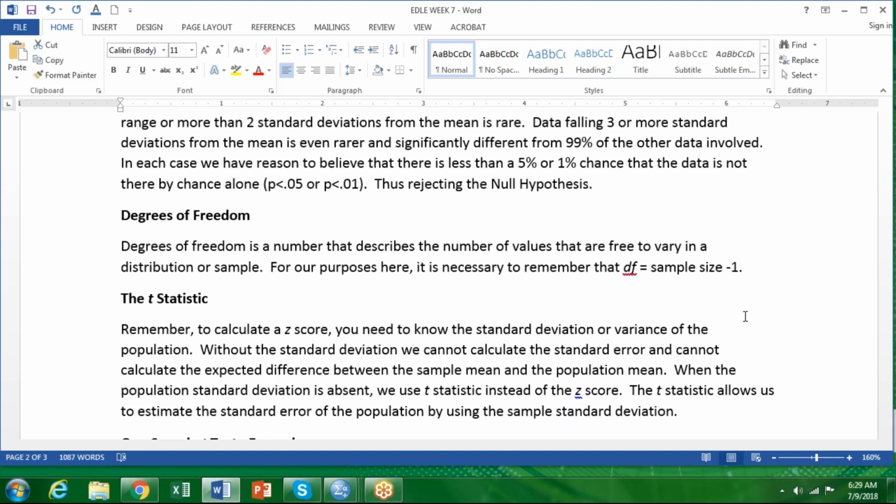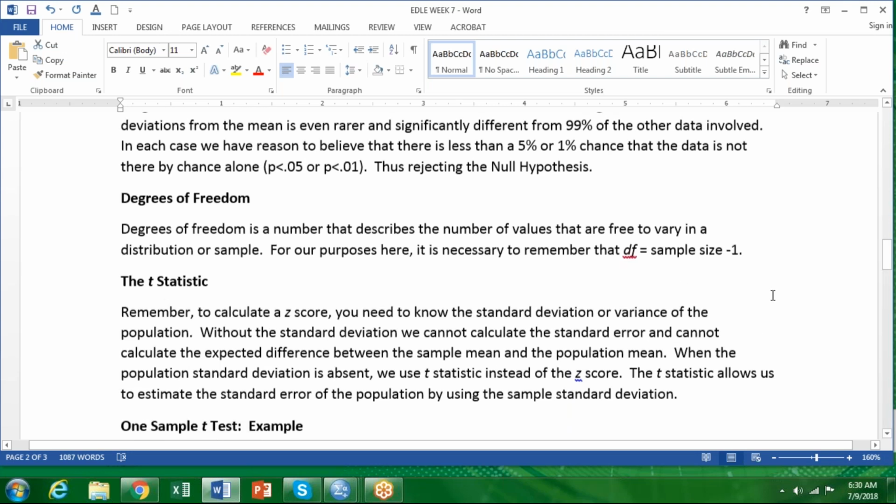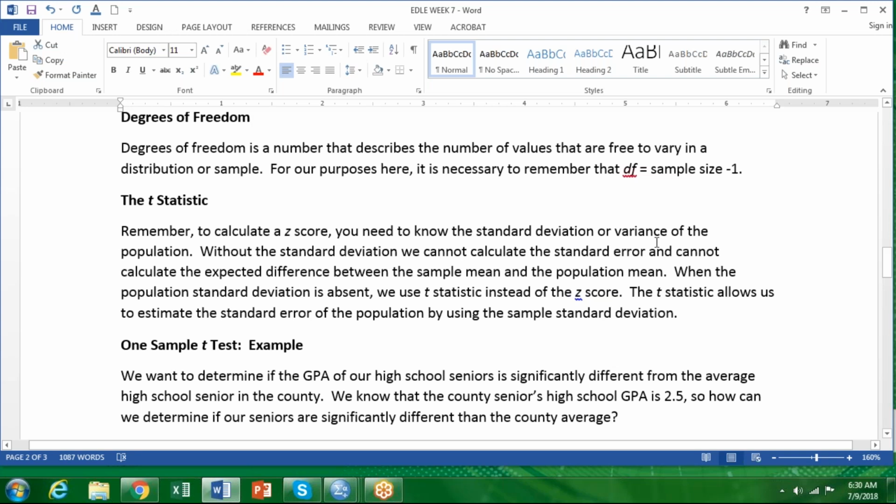We subtract 1 from the very beginning because the final part of the sample is not free to vary, because it's the final result. So we'll just take that one out and not use it. But it's important to remember, degrees of freedom equals the sample size minus 1.